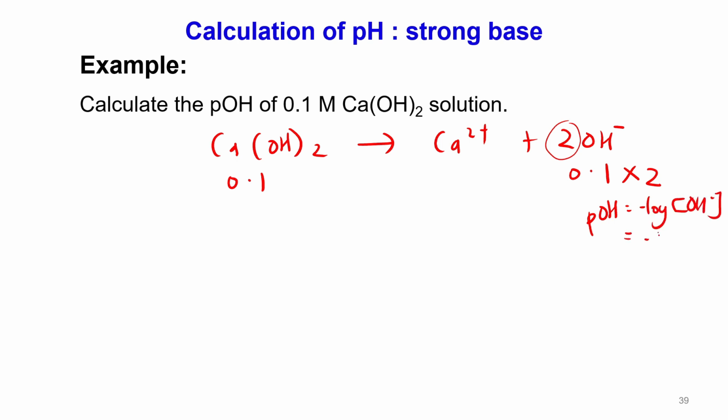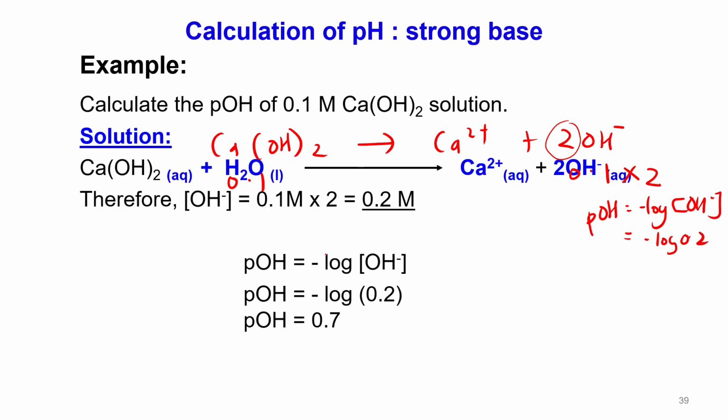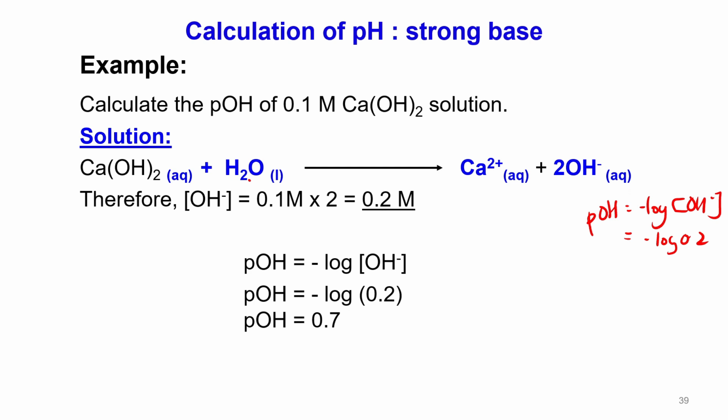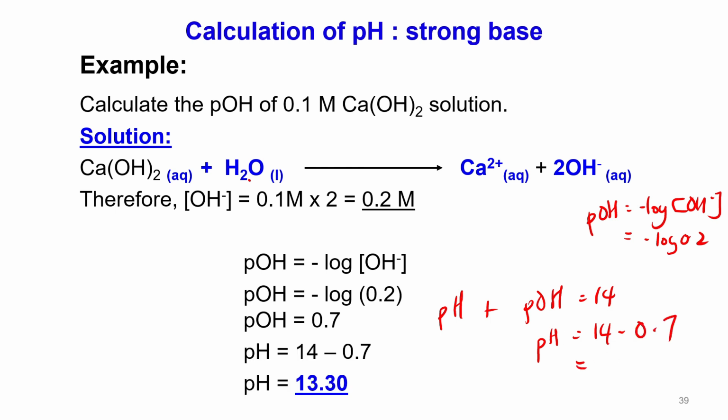So negative log 0.2, which is 0.7. If the question asks for the pH, we use another relation. We know pH plus pOH equals 14. So pH equals 14 minus pOH, 14 minus 0.7, which is 13.3. For calculation of weak acid and weak base, we'll cover it in tutorial. Okay, thank you for today.